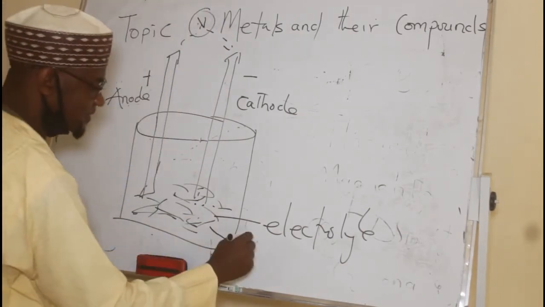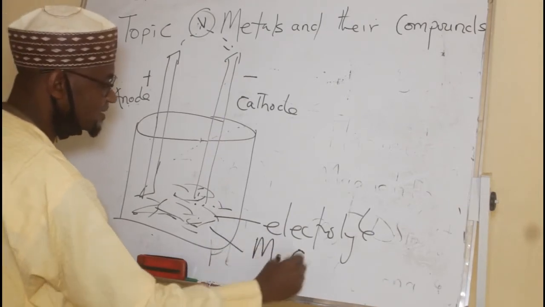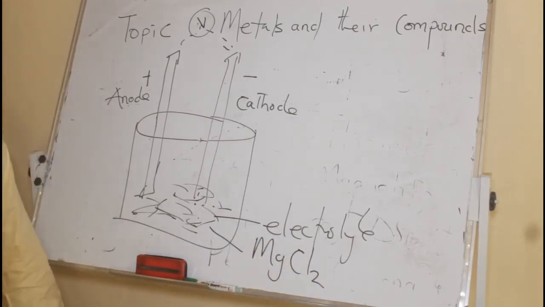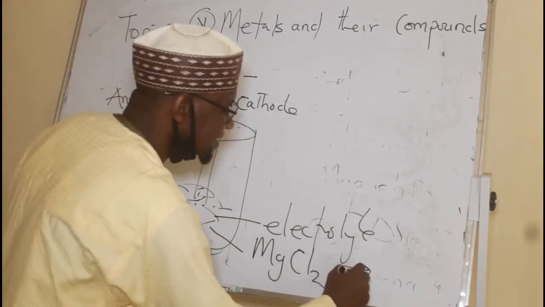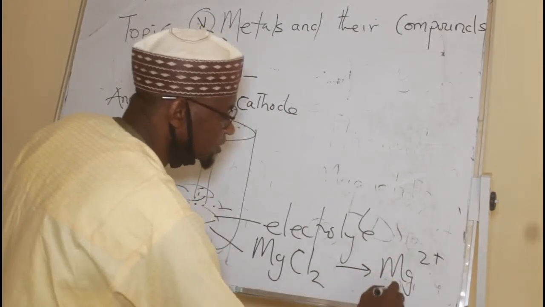Let's say you have, for instance, magnesium chloride. Immediately you apply electricity, the compound will split into its ions. Magnesium will become this, and chlorine will become this chloride ion.